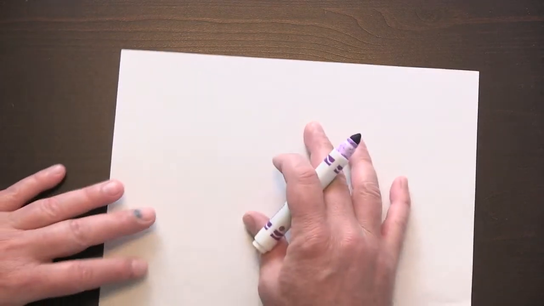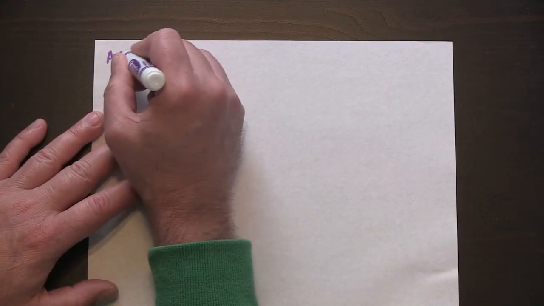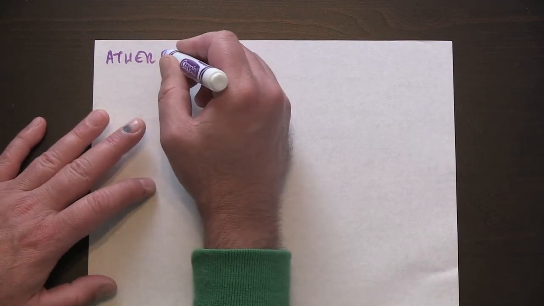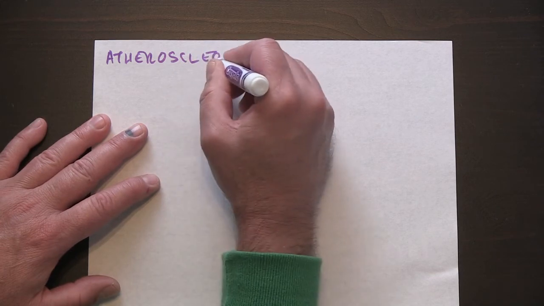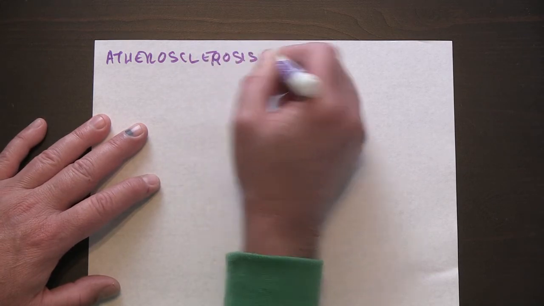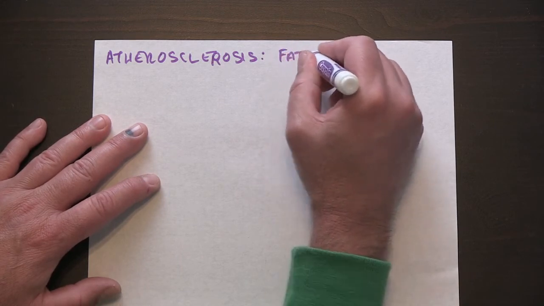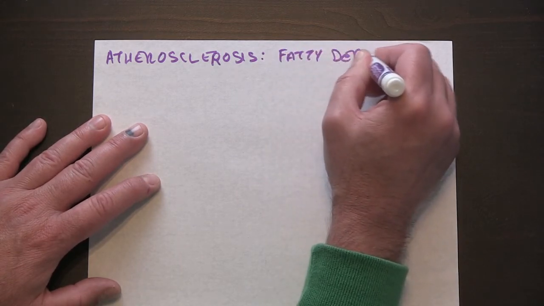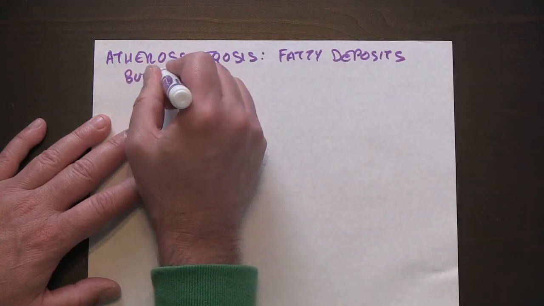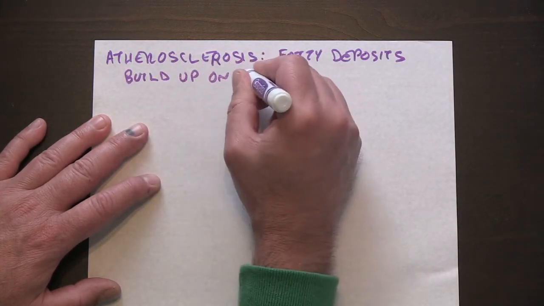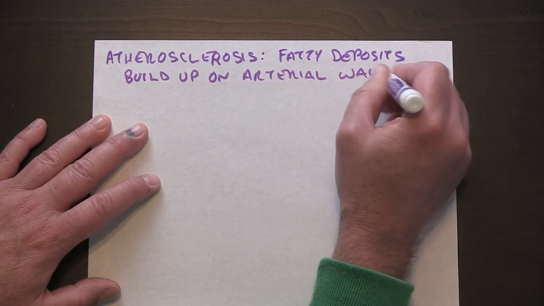Some other problems associated with blood and blood vessels. There's a condition called atherosclerosis. Sclerosis. And this is when fatty deposits build up on the arterial walls.